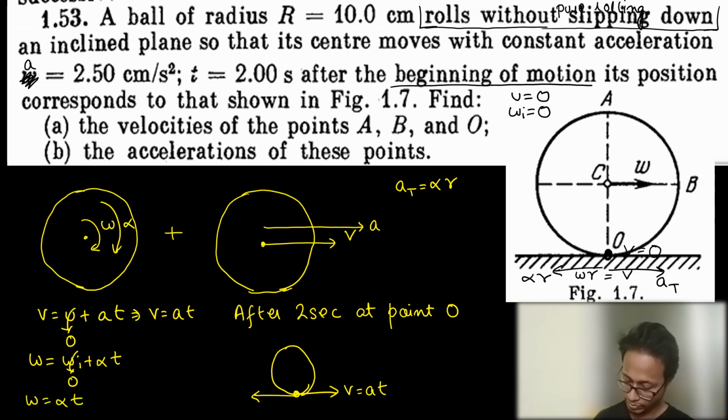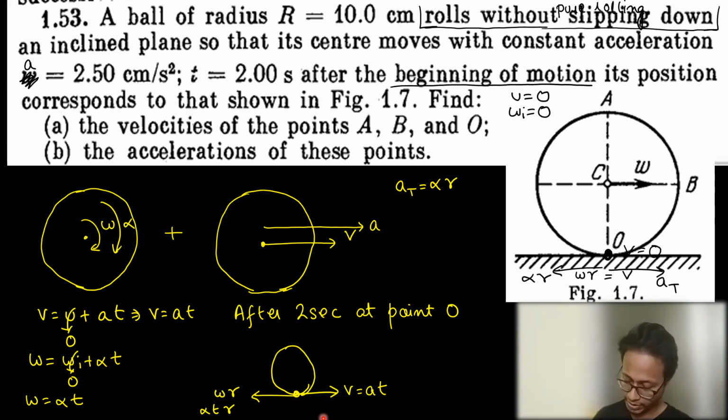So v is equals to at. Okay, out here v is equals to omega into r, or alpha into t into r. Okay, so the velocity at point O is always equals to 0. This much is understood. Acha.